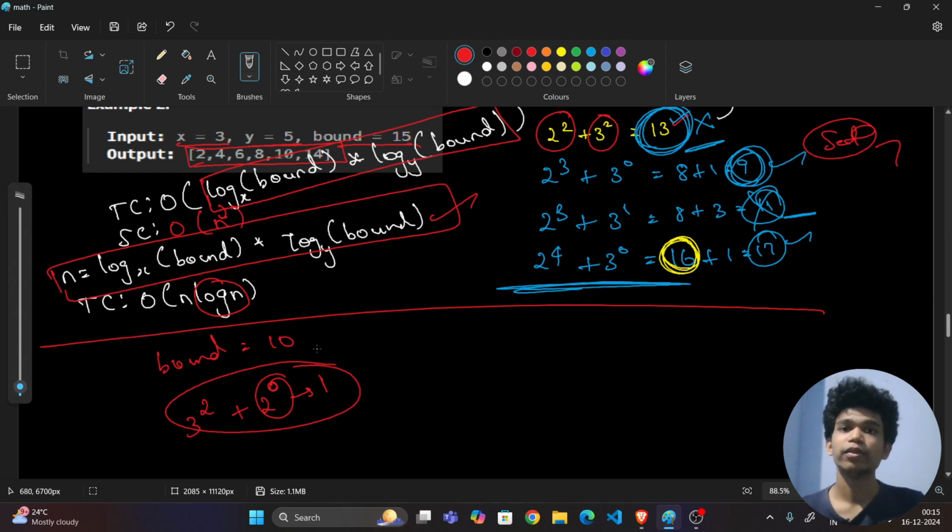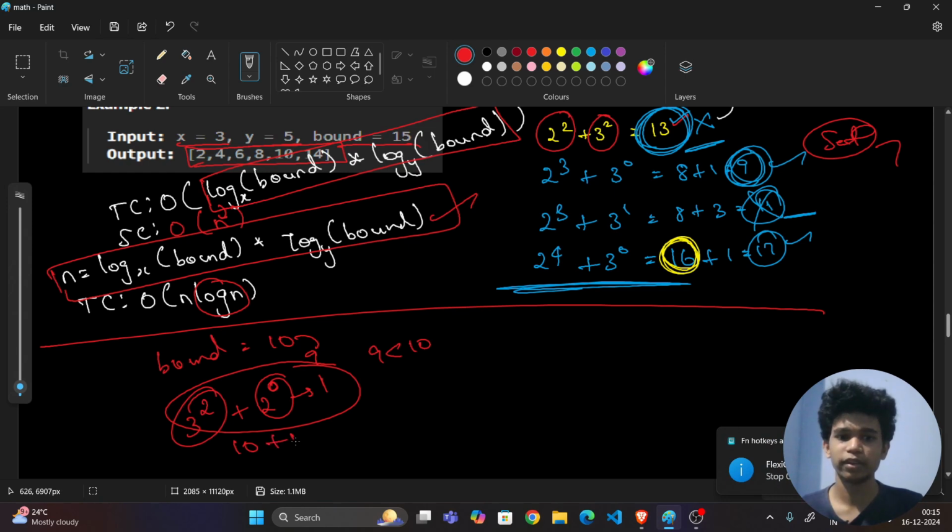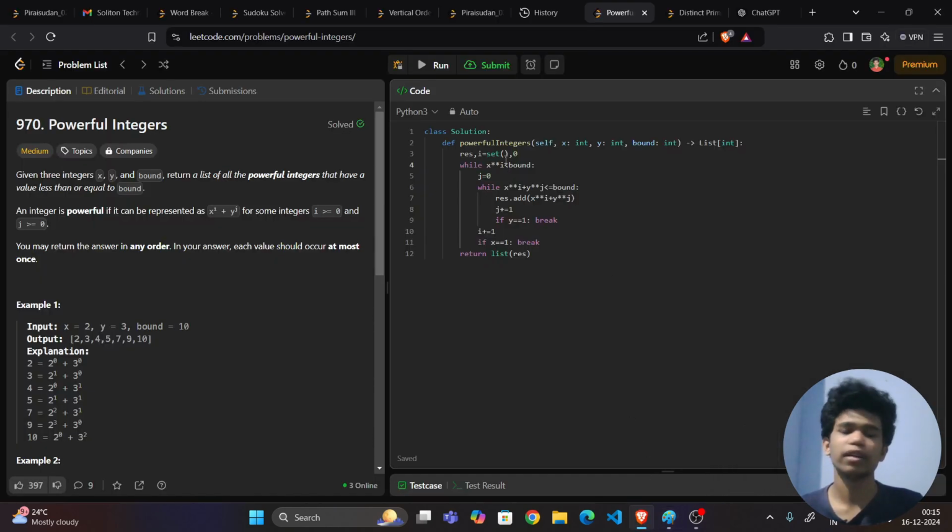So if the bound is equal to 9 also, it will be 9, which is less than 10. If here alone it becomes 10, then 10 plus 1 will be 11. That's why you can put this equal to, or you don't need to put this equal to also. Anyways, if there is an equal to, then it goes here and it will terminate. It won't add. Now result dot add of x power i plus y power j.